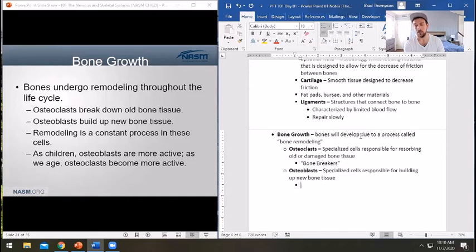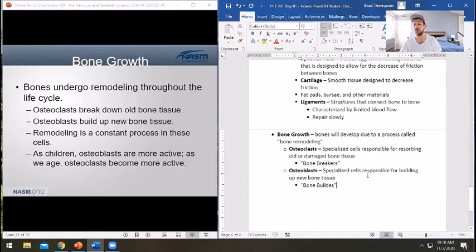So these are your bone builders. As we're young and we're making all kinds of new bone tissue, our osteoblasts are super, super active, and our osteoclasts aren't really doing much. But as we get older, our osteoclasts, for some reason, become more active and break down our bone tissue.